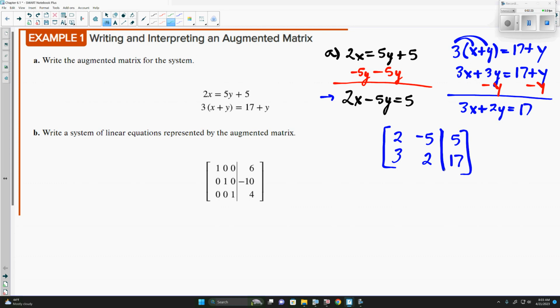The variables x, y, z are on the left, the constant terms on the right. And it's really standard notation that x is in our first column, y is in the second, and the constant term is last. If we have 4, like the next one here, it's understood that the first one's x, the second one's y, third one's z, and then the last one is our constant, just numbers. Any questions on A so far?